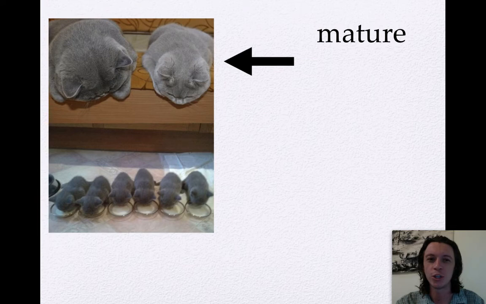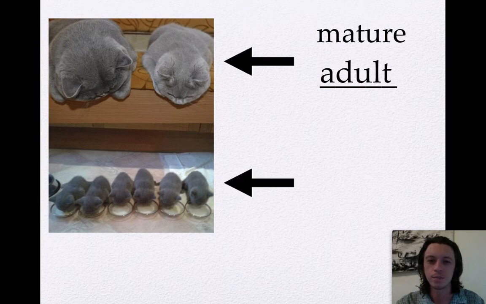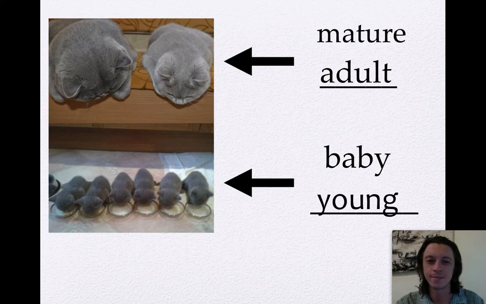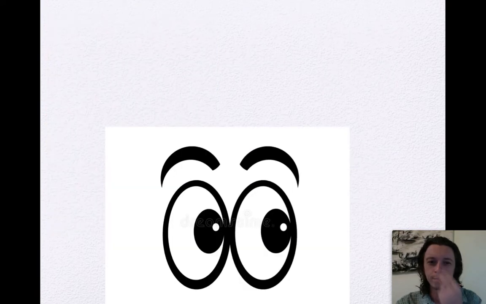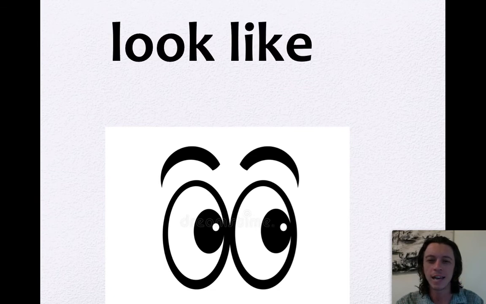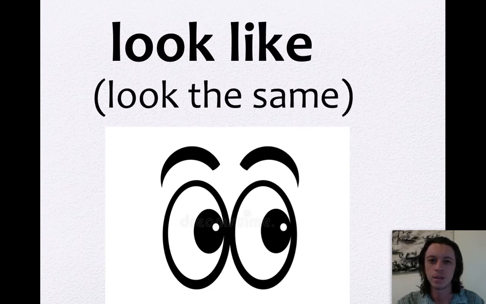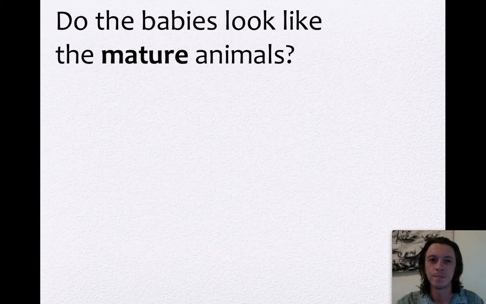These are mature cats, also called adult. These are baby cats, also called young. Do the babies look like the mature animals?